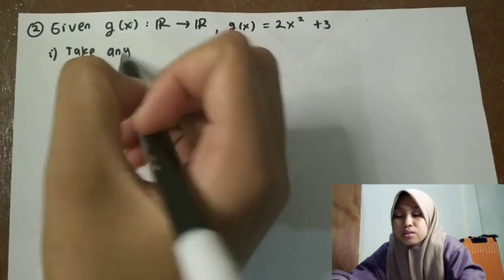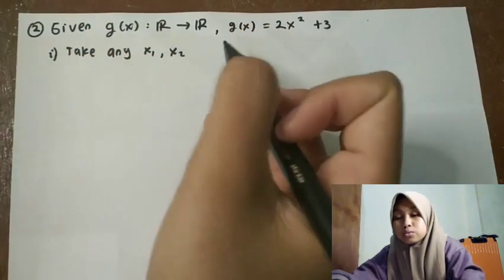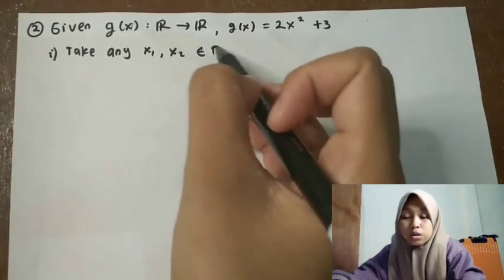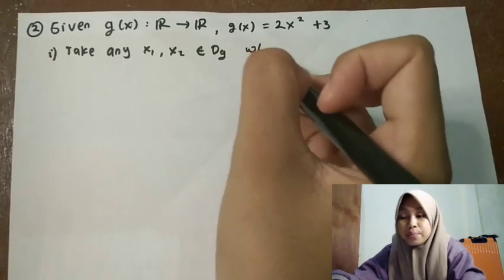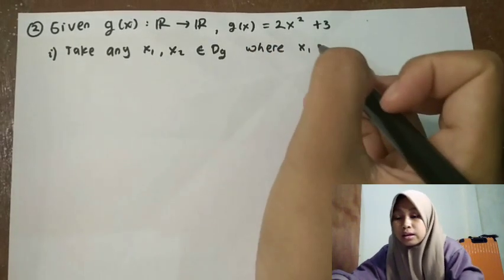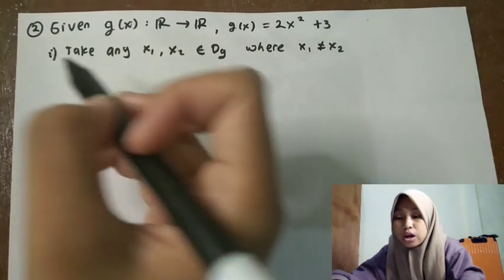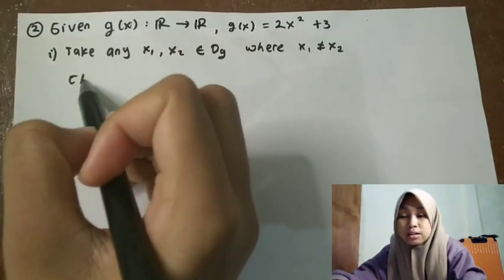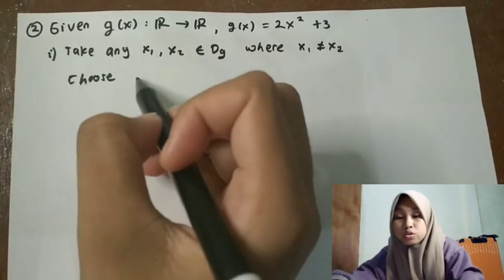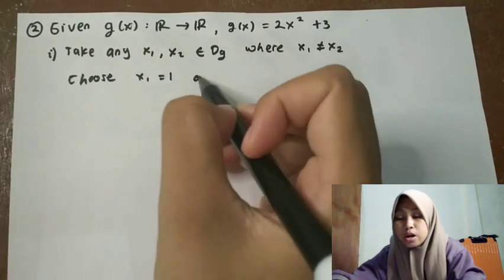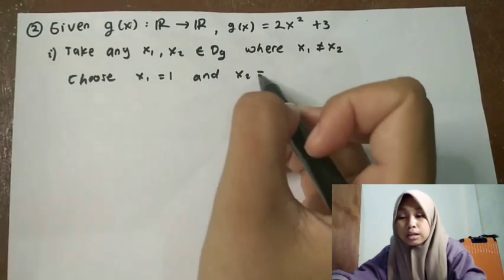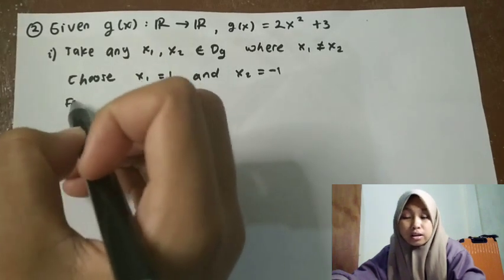The next problem is given g(x) from real numbers to real numbers with g(x) = 2x² + 3. Similar to problem 1, take any x1 and x2 elements of Dg, or the domain of g(x), where x1 is not equal to x2. Choose x1 = 1 and x2 = -1.